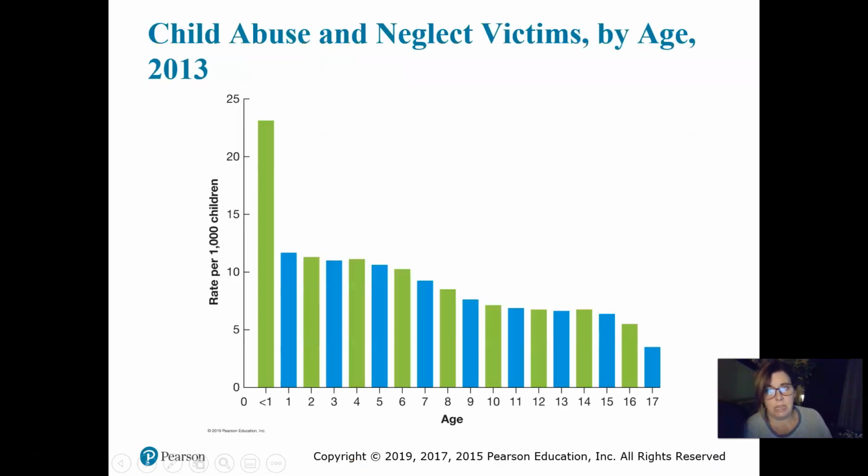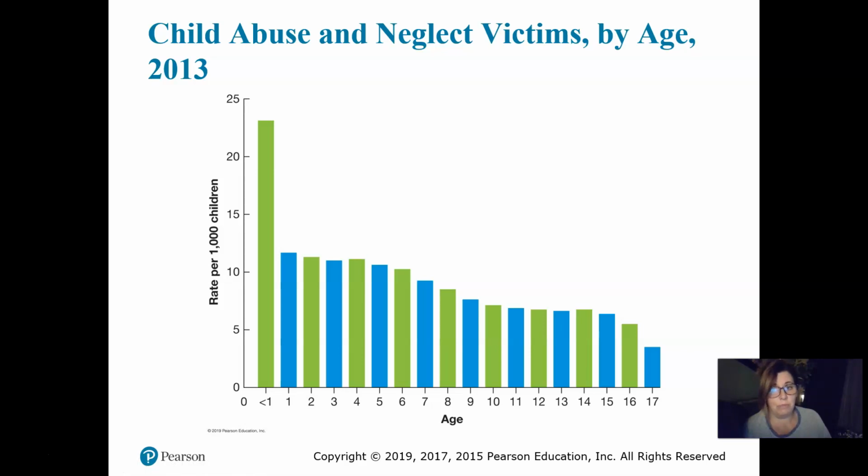We can see in this chart here the rate per 1,000 children of child abuse and neglect by age. And can we just look for a moment at the children under 1 year of age? That is the highest rate of child abuse and neglect, by children under 1 year of age.